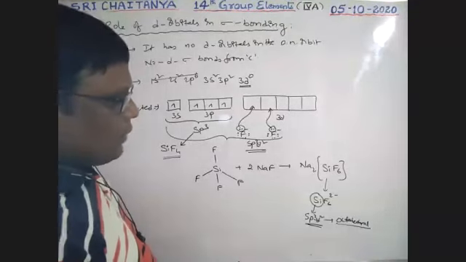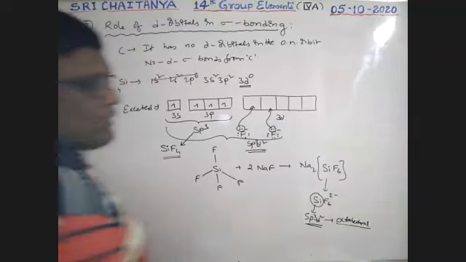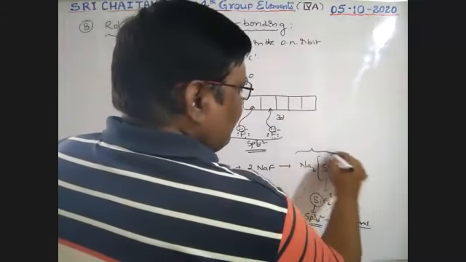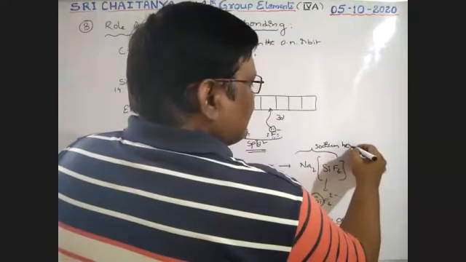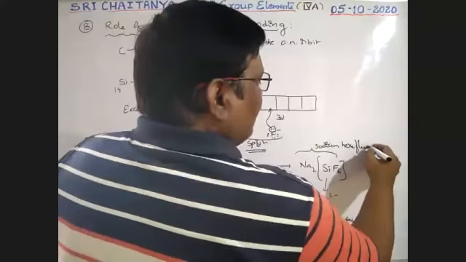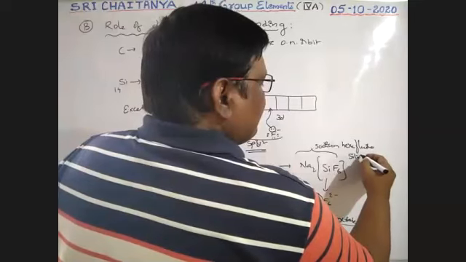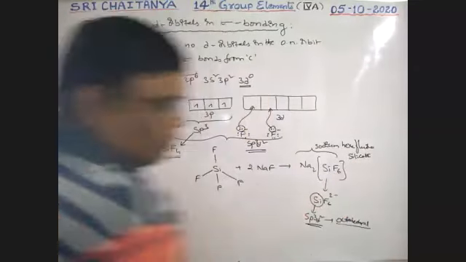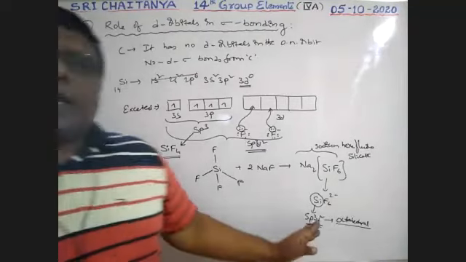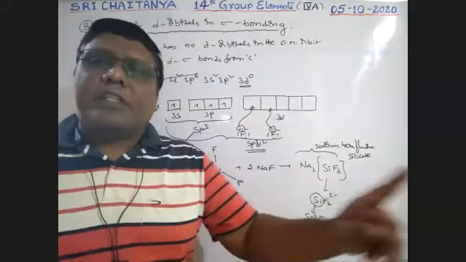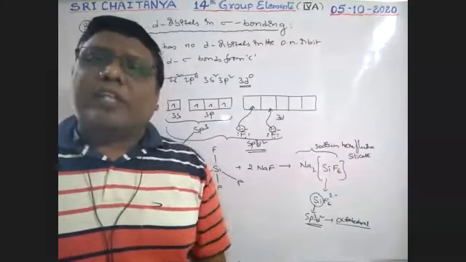What is the name of that compound? Sodium hexafluorosilicate is the name of that compound, boys. So here silicon hybridization is sp3d2, and d orbitals are involved in sigma bond formation.